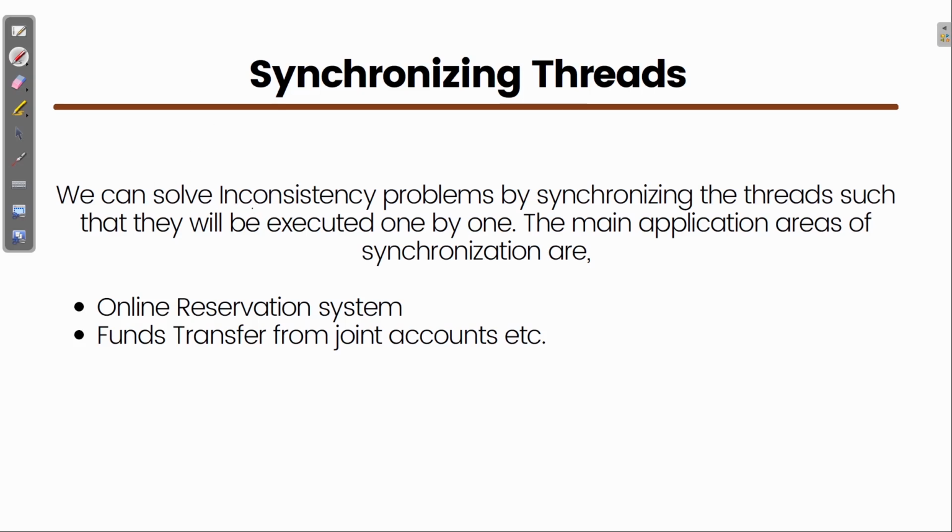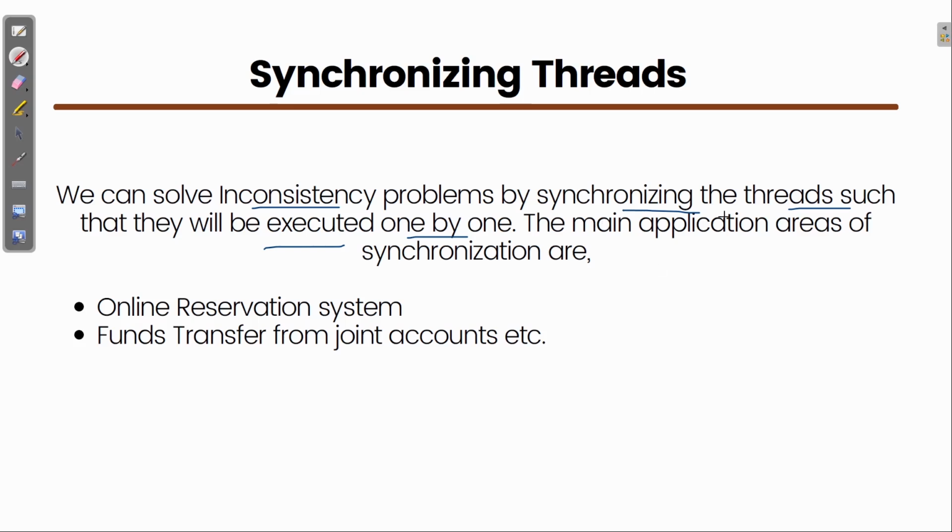We can solve this inconsistency problem by synchronizing the threads such that they will be executed one by one. For that we will use some classes and methods, so that this concept will be clear.